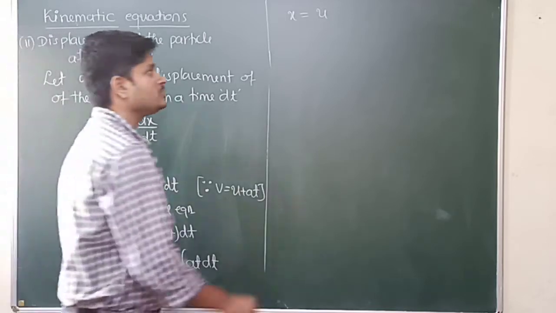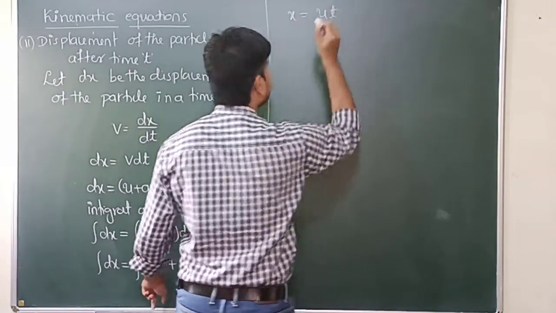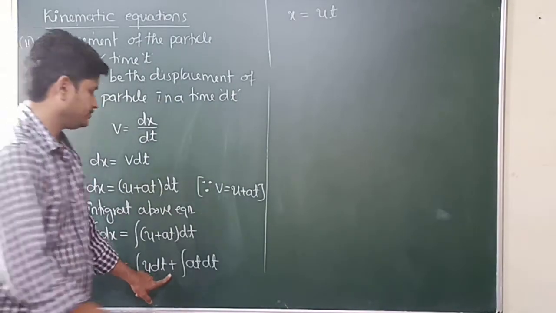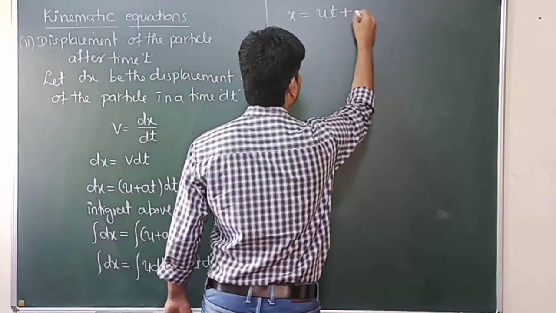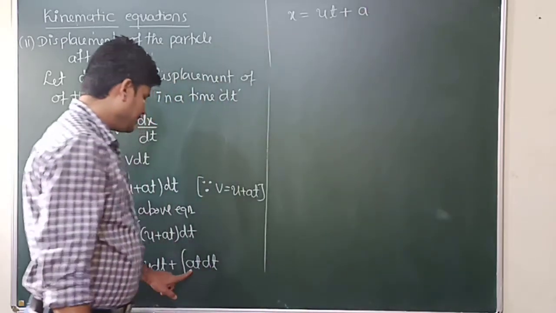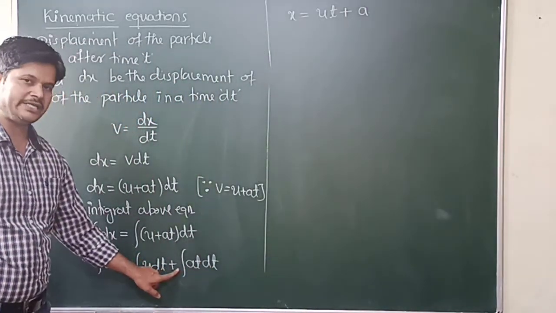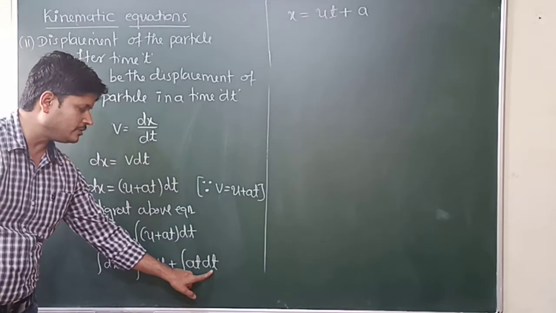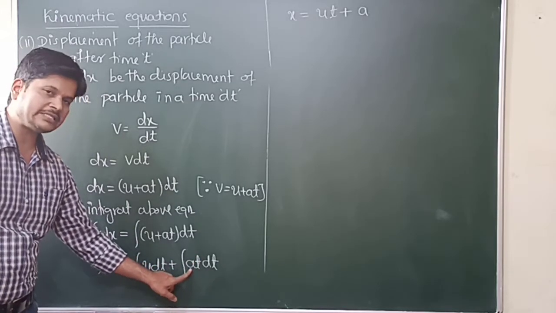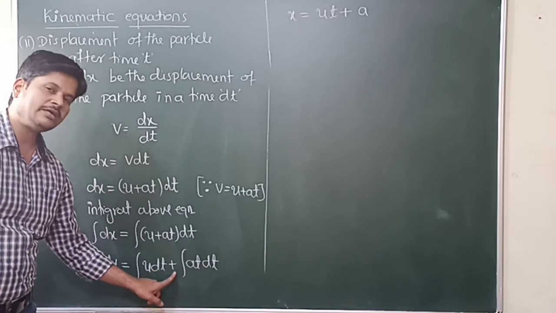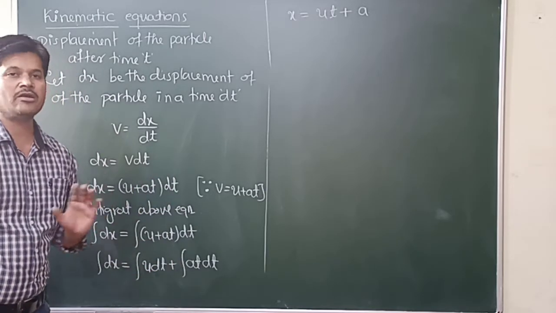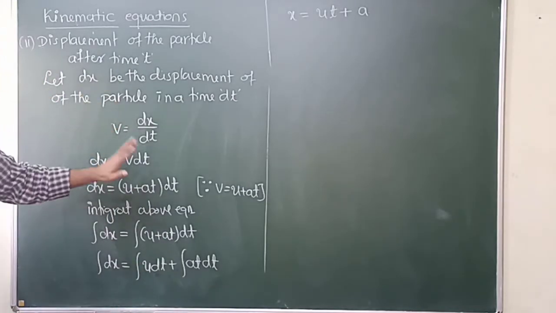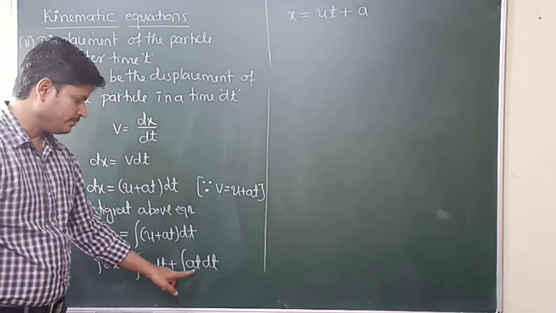Integration of dt is t, as we did earlier, plus a. Take it outside from the integration. What is the remaining term? Only integration of t into dt, because I have taken this a outside the integration, because we cannot integrate acceleration. It is a constant in this equation, right?